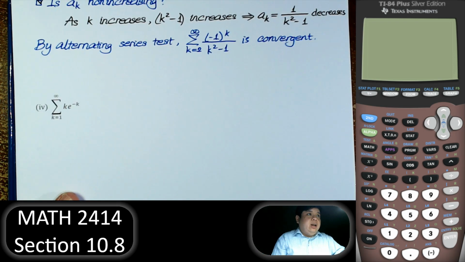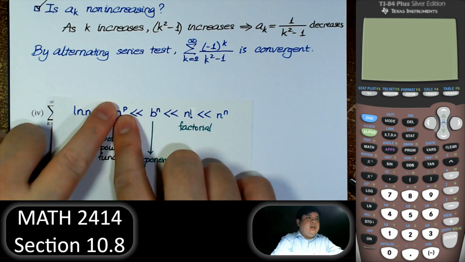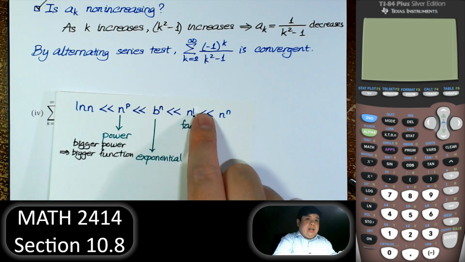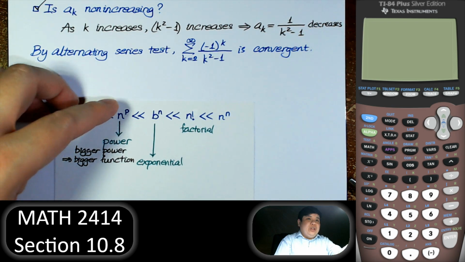Next example, we have this. By the way, there is a reason why most of the problems we have are in terms of a quotient. Have you wondered about that? Because if I ask you the series of something like a factorial, then obviously it will be divergent, because a factorial does not go to 0.